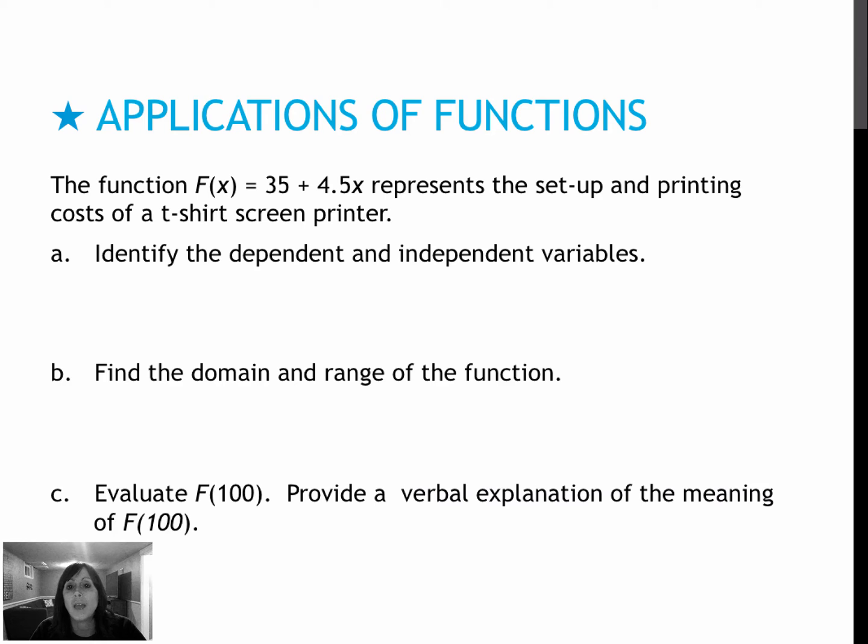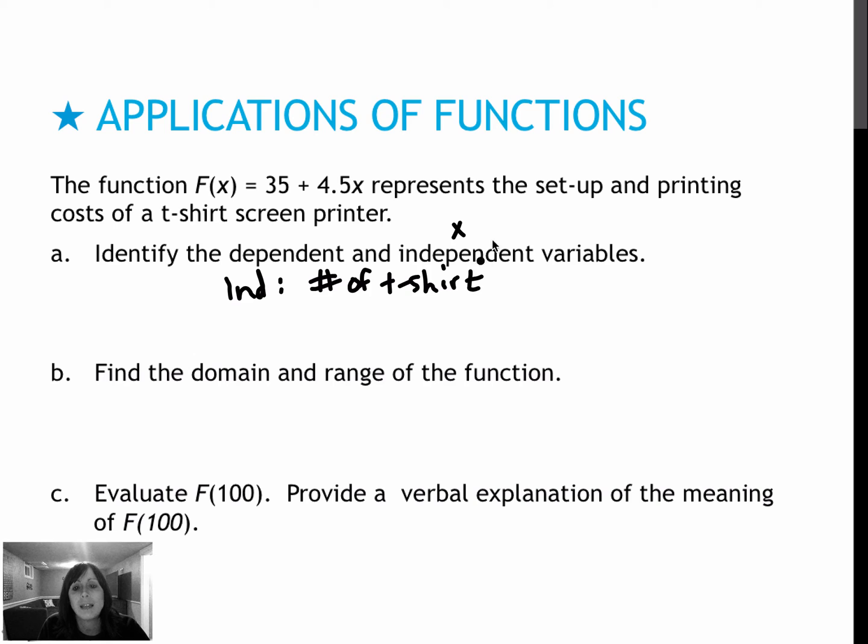Here's one for you to try, very similar to the last. Give it a shot, then press play to see how you did. This is a function that represents the setup and printing cost of a t-shirt printer. So they didn't say of producing X number of t-shirts, but it's sort of implied here that the independent variable X would be the number of t-shirts.